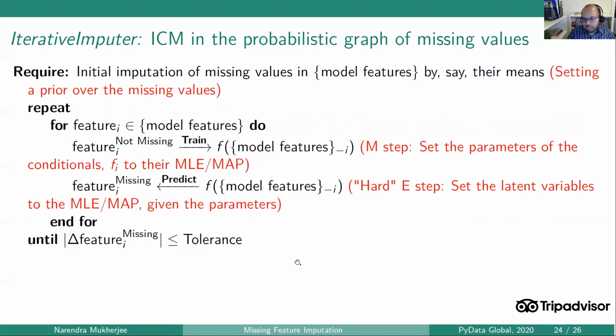And you keep doing this till you hit the tolerance limit, again, as you do in standard EM procedures. So that gave me a much better understanding of this imputation process, and that explains why the iterative imputer is able to come up with good imputations, because it is just doing a standard EM sort of inference in a probabilistic graph.